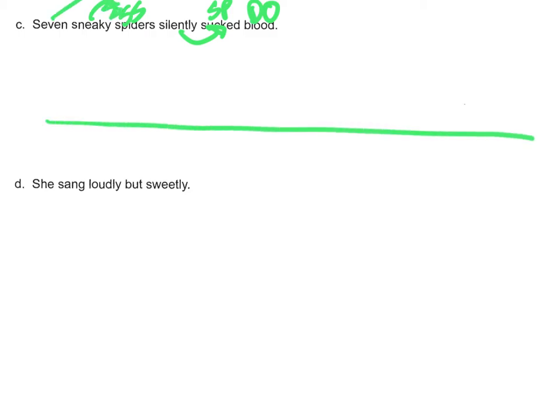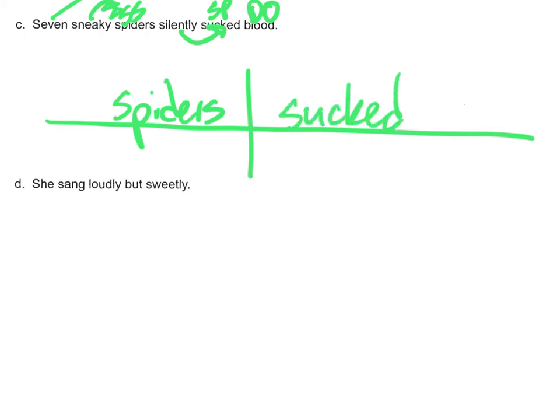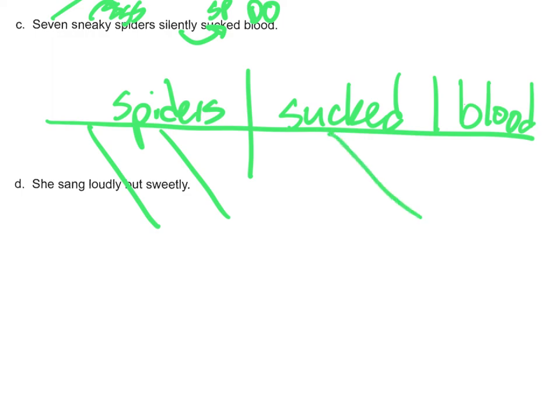Okay, my sentence base. Spiders. Split my sentence. Sucked. What did they do? They sucked the blood. That's my direct object. Okay, I have two lines coming off of here and one line coming off of here. And I go in order that they appear in the sentence.